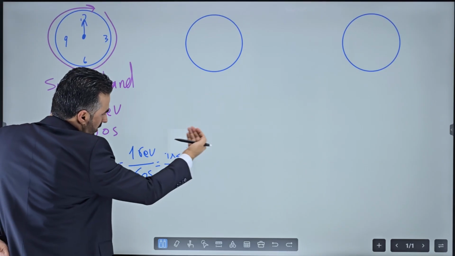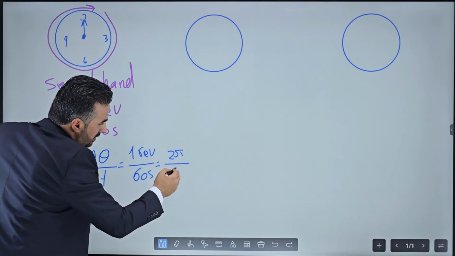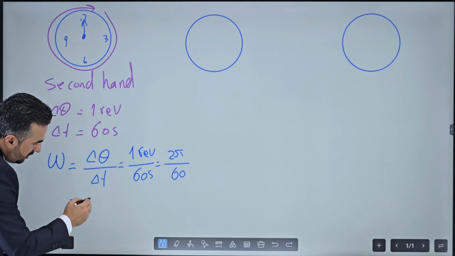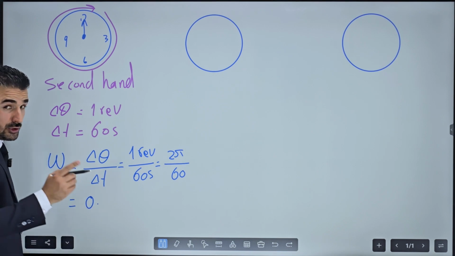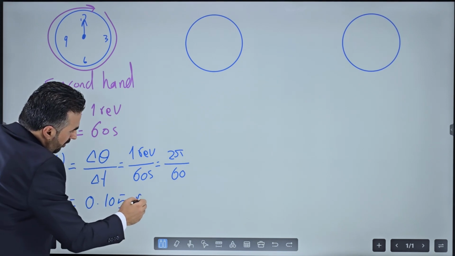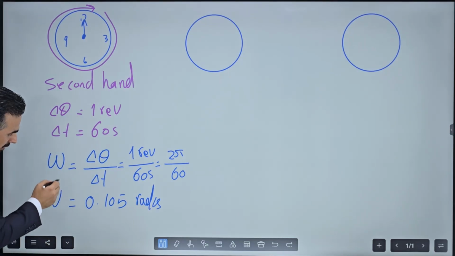So you could just say 2 pi instead of multiplying by 1, divided by 60 seconds. Once you do the math, you will get angular speed that is approximately equal to 0.105 radian per second. This is the angular speed for what?